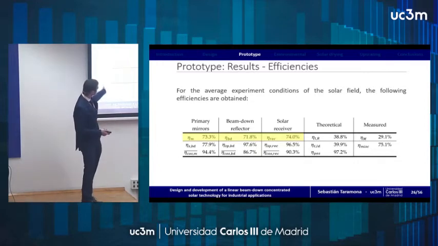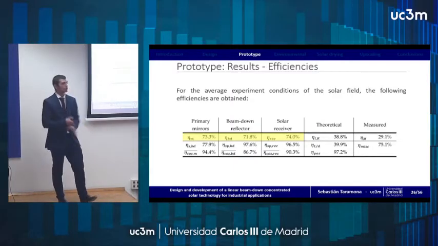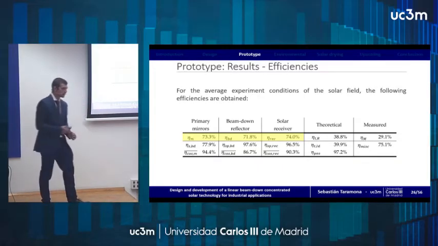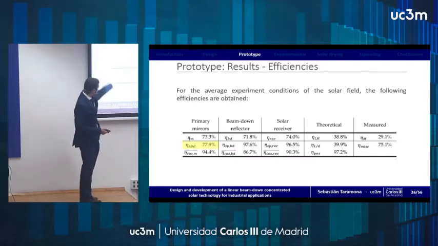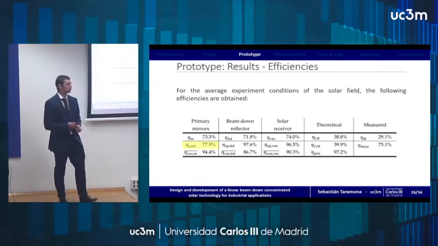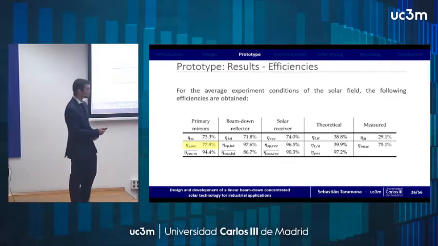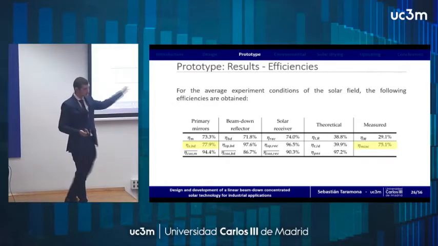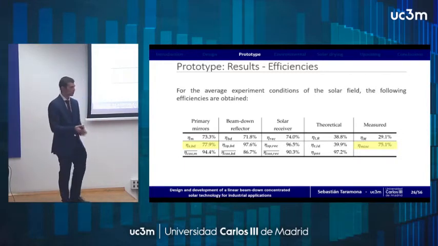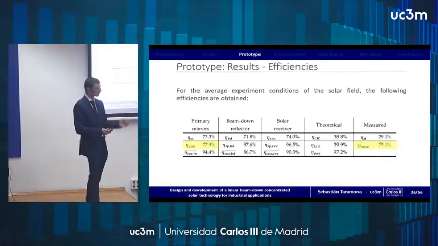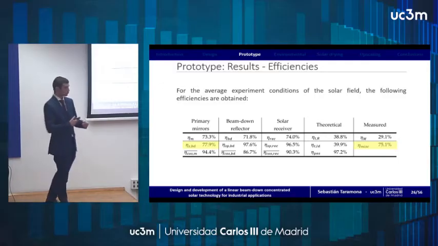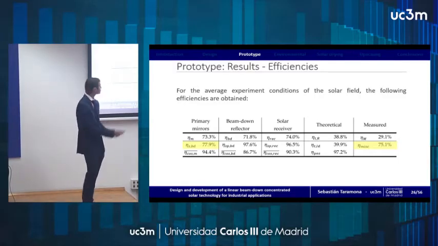The first thing that comes to the eye is that all of the 3 sections show similar results in terms of efficiency, but we have to take this with a pinch of salt, because we can see that the shading of the beam down is roughly a 22% loss on efficiency of the solar field, which is an important parameter, only matched by this miscellaneous parameter that I previously defined, which takes into account all those different slope errors, tracking errors, and all those different losses that we were not able to directly quantify. So in theory, the performance of the solar field could be upgraded almost 25% by adjusting this parameter.